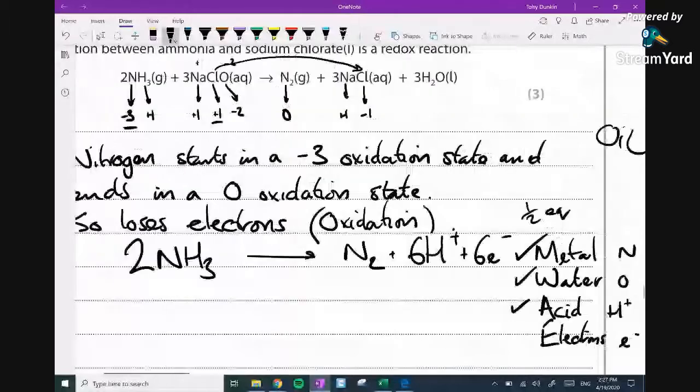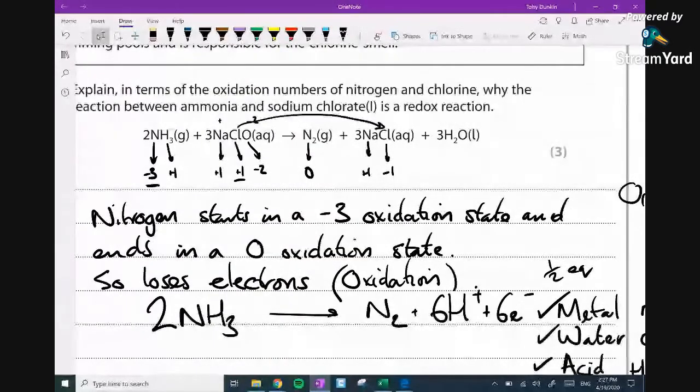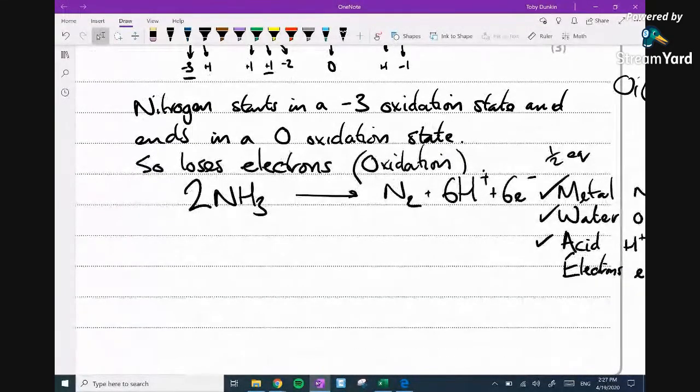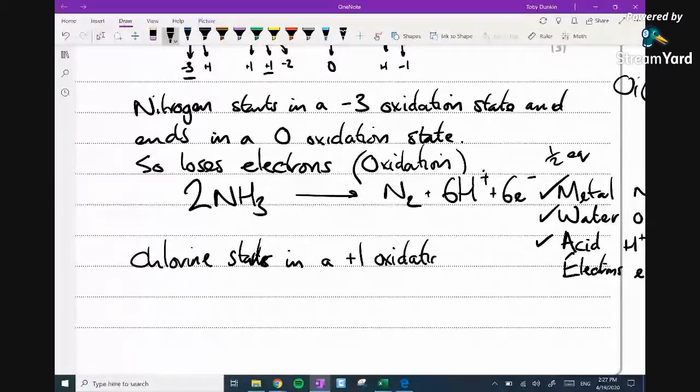So we're going to state in words, chlorine starts in a +1 oxidation state and ends in a -1 oxidation state.